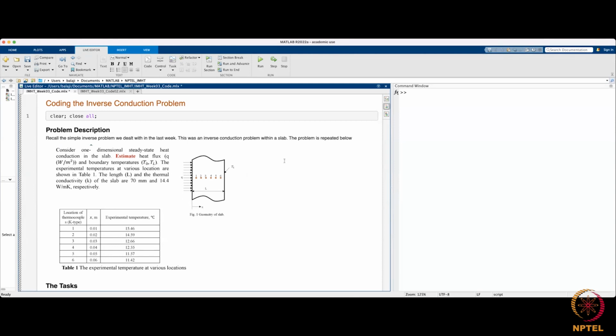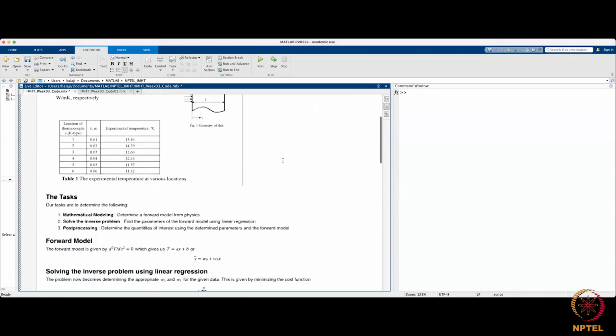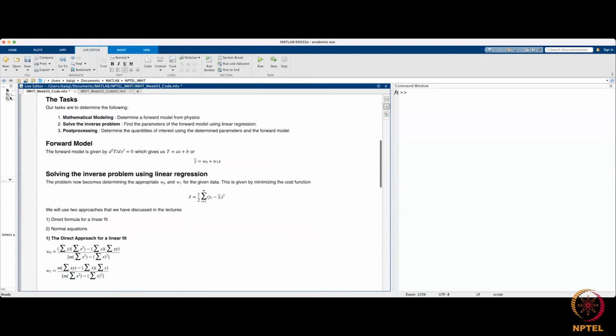Now, as we know, this basically boils down to 3 tasks. You first have to model the forward problem from the physics of the problem. Then you have to solve the inverse problem. As we saw, the solution of the inverse problem is basically finding the parameters of the forward model. So the unknown parameters you wish to find in a least square or optimal sense using linear regression. And then you post-process.